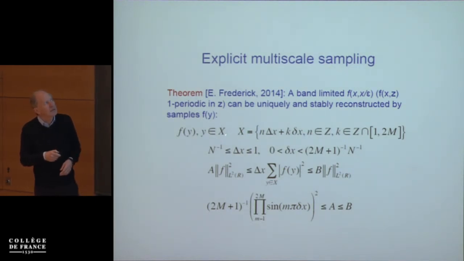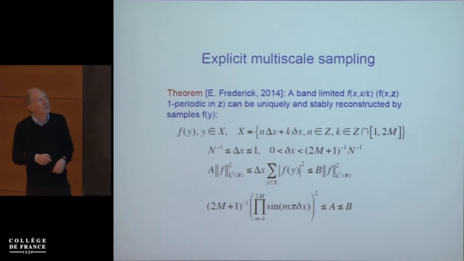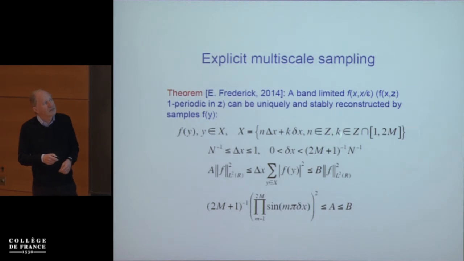So the thing is that the sampling set here, if you have these points in the sampling set, looks like this. So this is a discrete sampling where you have large step sizes and small step sizes. The n here is all integers, and these are integers in a finite set.